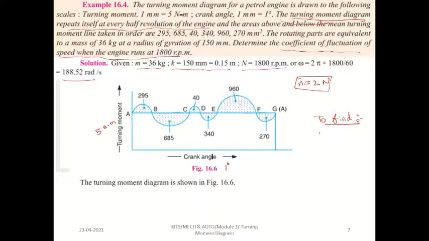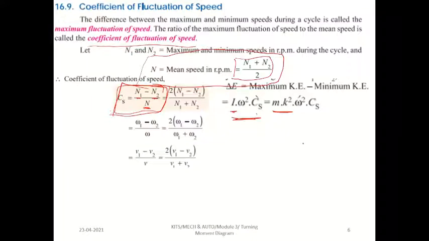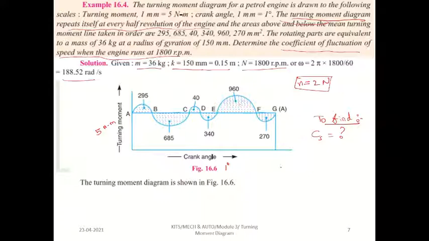How can we find the CS value? For that, what is the formula? Del E equals I omega square CS, or del E equals m k square omega square CS.